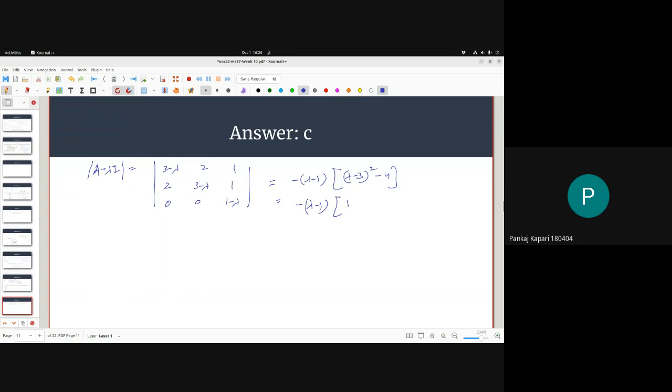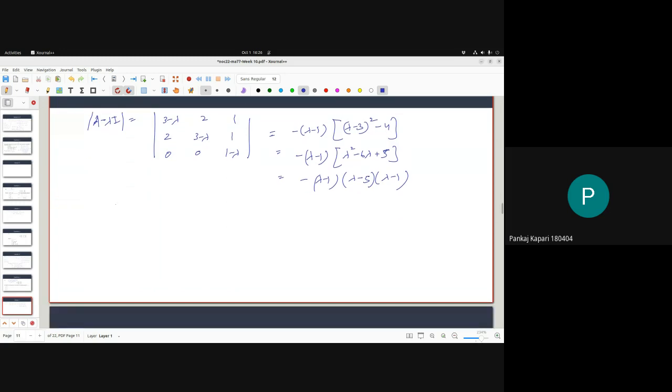Just expand this one. This will be lambda square minus 6 lambda plus 9 minus 4, which is 5. We can factorize this quadratic equation and this will give us lambda minus 5 into lambda minus 1. Okay, so what are all the eigenvalues?